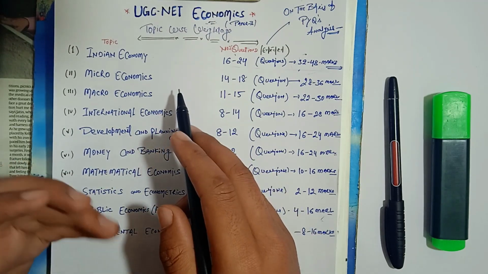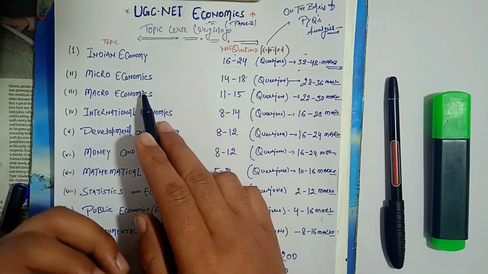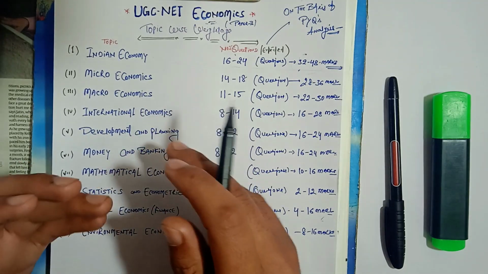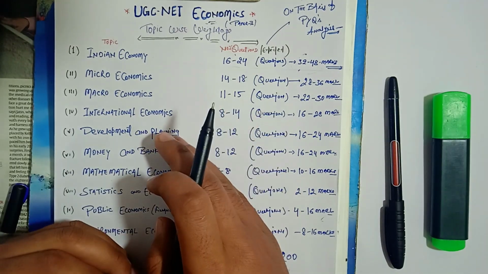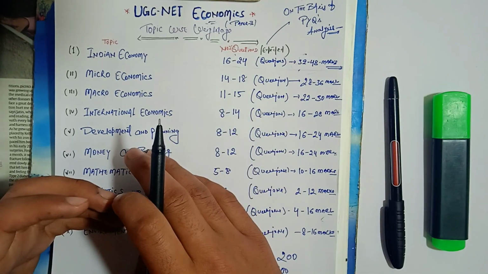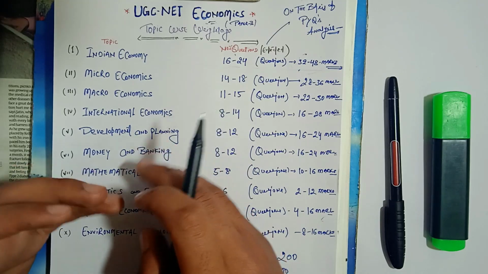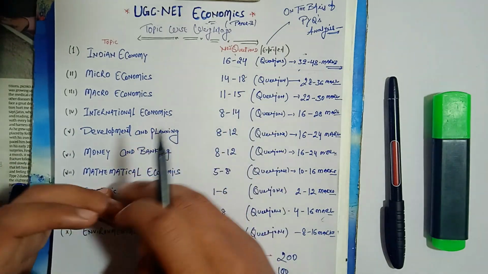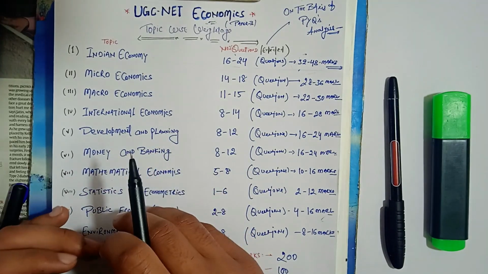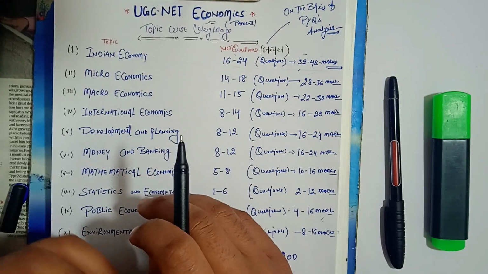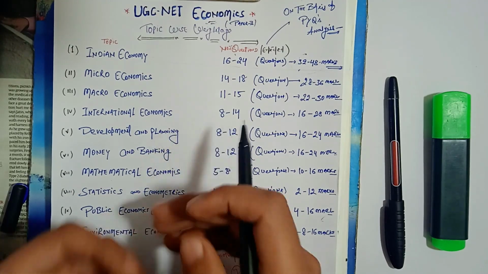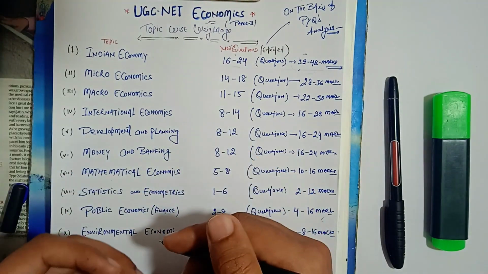Questions also come in chronological order. They could ask you about the chronological order of consumer behavior theory: cardinal, then ordinal, then indifference curve, then revealed preference, then Morgenstern, and the Friedman-Savage hypothesis.